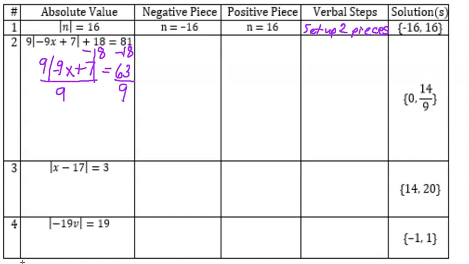We don't want to distribute here. We want to isolate the absolute value. So our isolated absolute value would be the absolute value of negative 9x plus 7 equals 7.